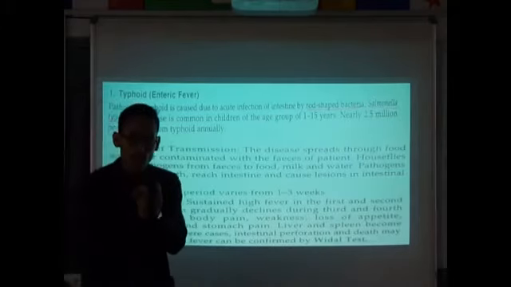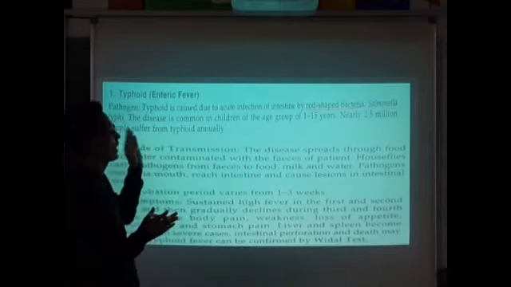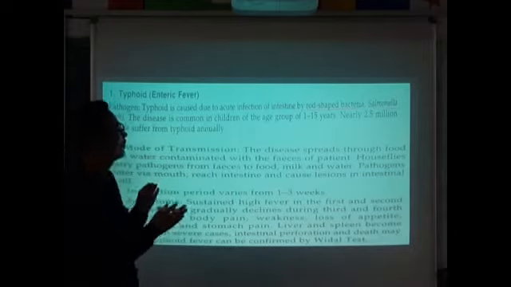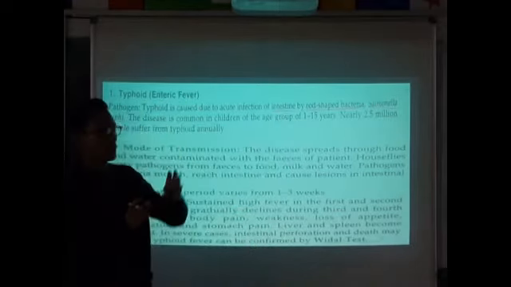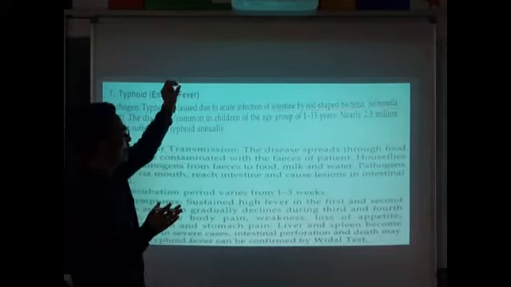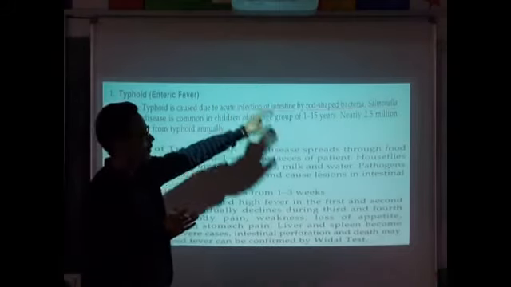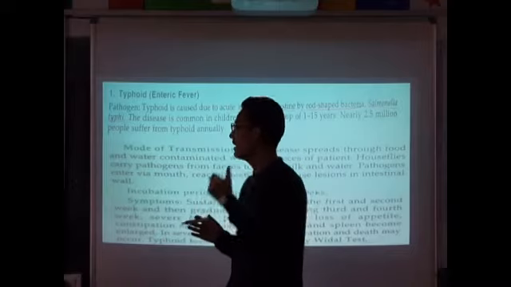So the scientific name of the bacteria that causes typhoid is Salmonella typhi. And it infects the intestine here. So this Salmonella typhi is a rod-shaped bacteria, which causes acute infection of the intestine. So to remember, causative agent.